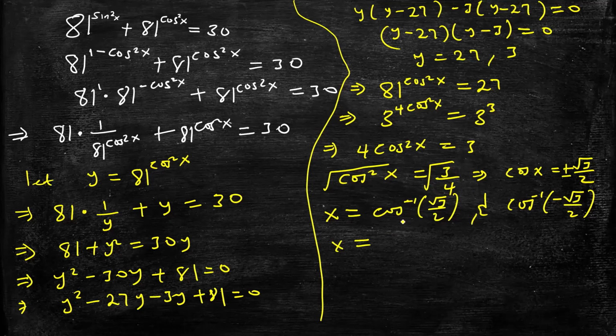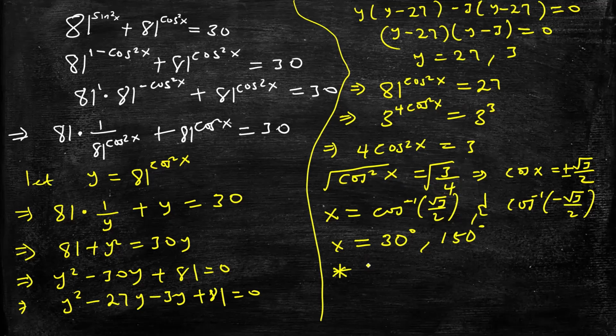Using the calculator, cos inverse of root 3 on 2 gives us 30 degrees. Then the negative part will be 150 degrees. Okay, so we are done with 27. Let's go to 3.